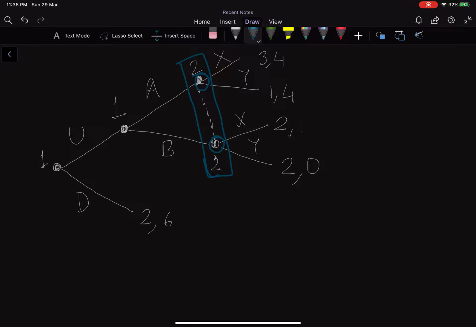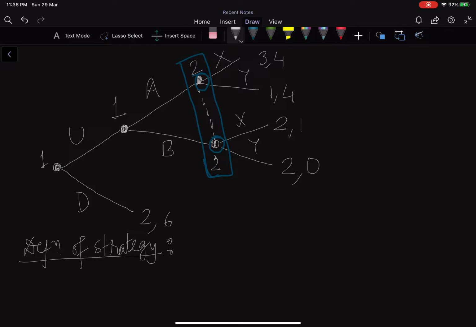So the definition of strategy is now augmented in the presence of these non-trivial information sets.